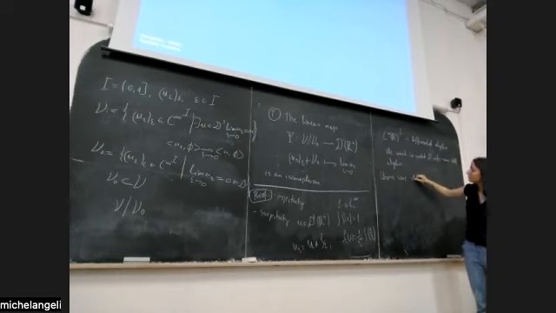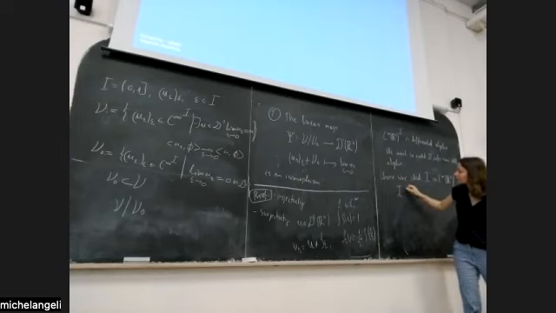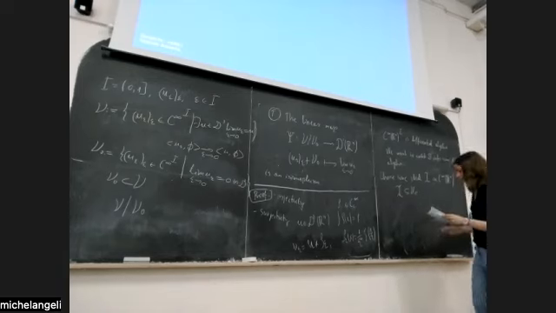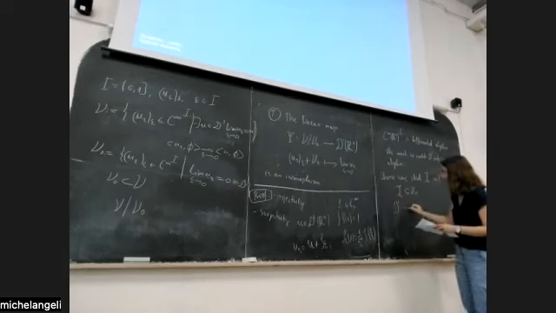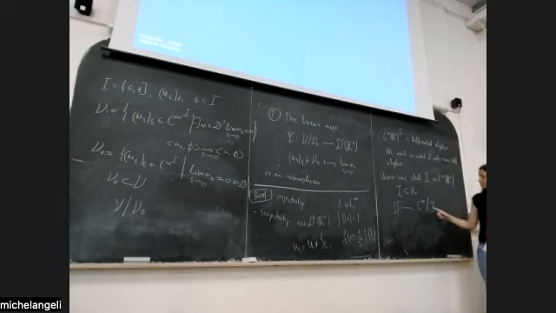Let's denote it I, such that I is a subset of mu0. So what are we going to do? We are going to embed D prime into this C infinity over our ideal. So we need this to be an ideal in order to ensure that the factor space is an algebra.